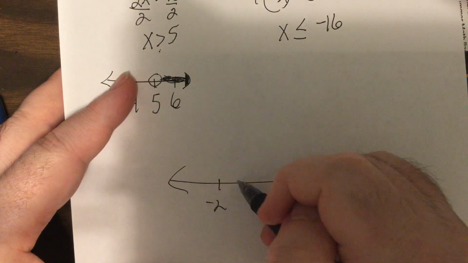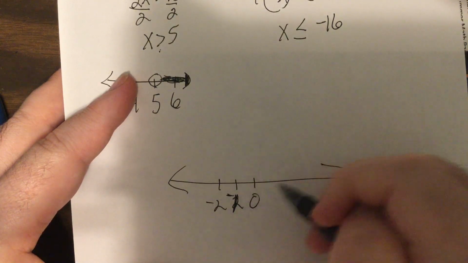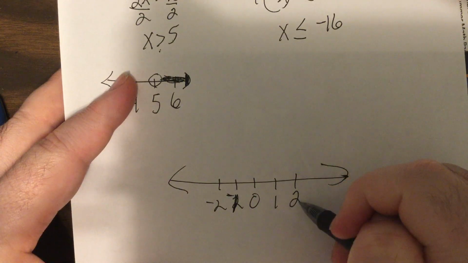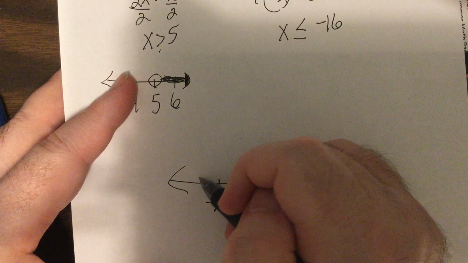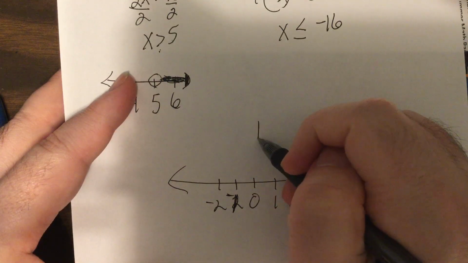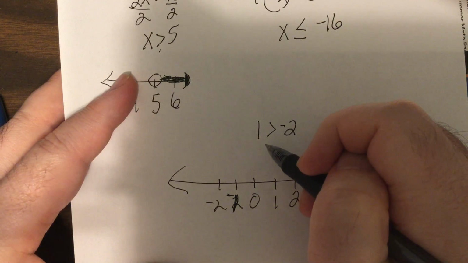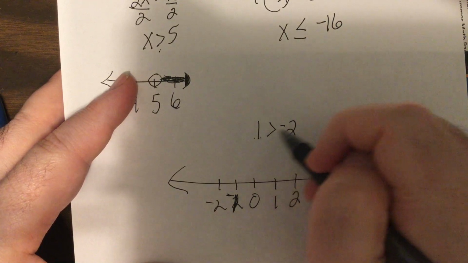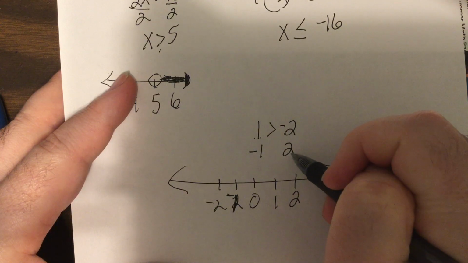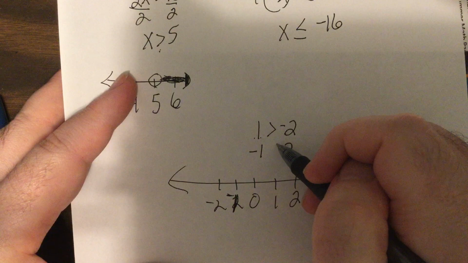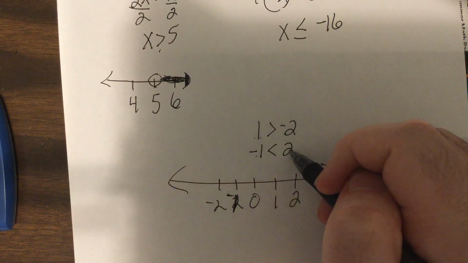Let's say I got negative 2, negative 1, 0, 1, 2. So if I say that 1 is bigger than negative 2, if I multiply both sides by a negative, this is now negative 1 and this is now 2, which causes the statement to switch the inequality because negative 1 is smaller.